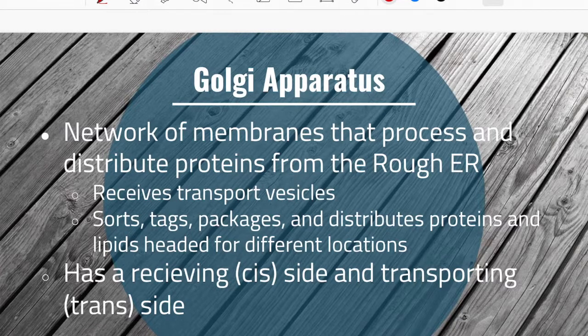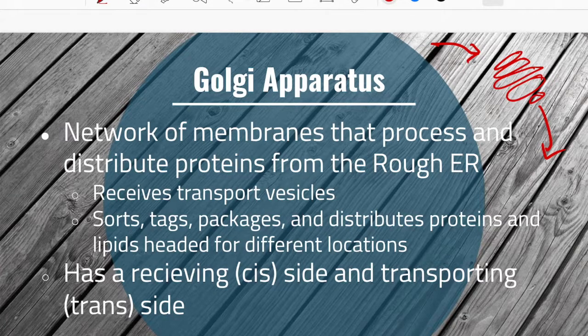Now, the Golgi apparatus is an interesting little creature. It is another network of membranes. It kind of looks like stacked pancakes. And it distributes those proteins from the rough endoplasmic reticulum. It has an in that accepts vesicles, and it has an out that sends out vesicles.